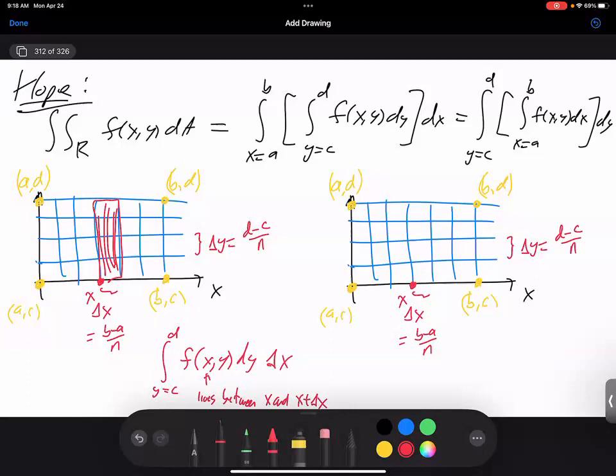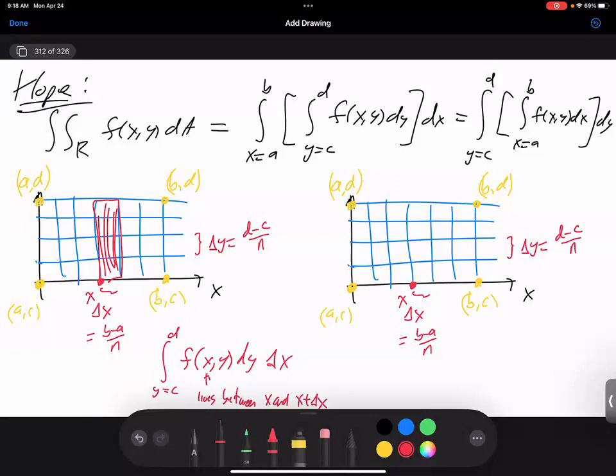But the function changes a little bit as I move x. Since my function is continuous, as I move from x to x plus delta x it changes by such a small amount that you can make this rigorous, it's really going to be a very small term, an extra delta x from how small that move is.